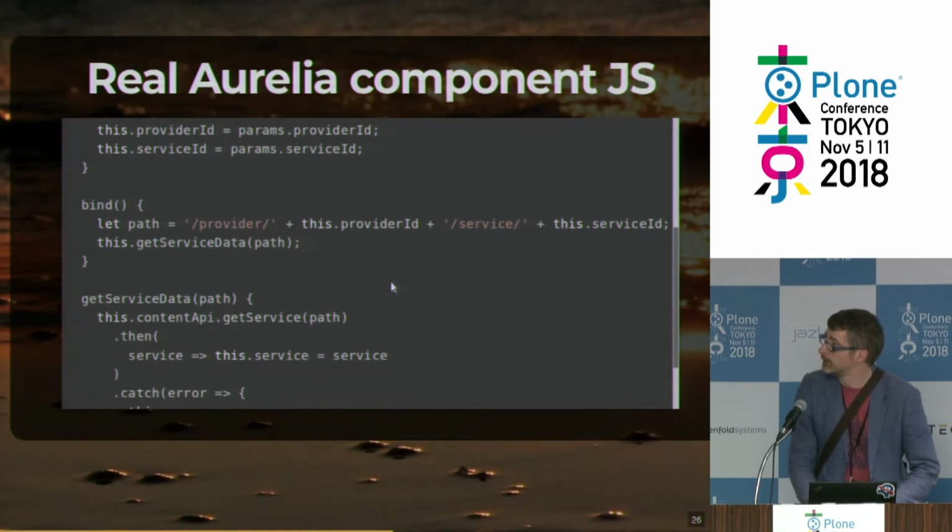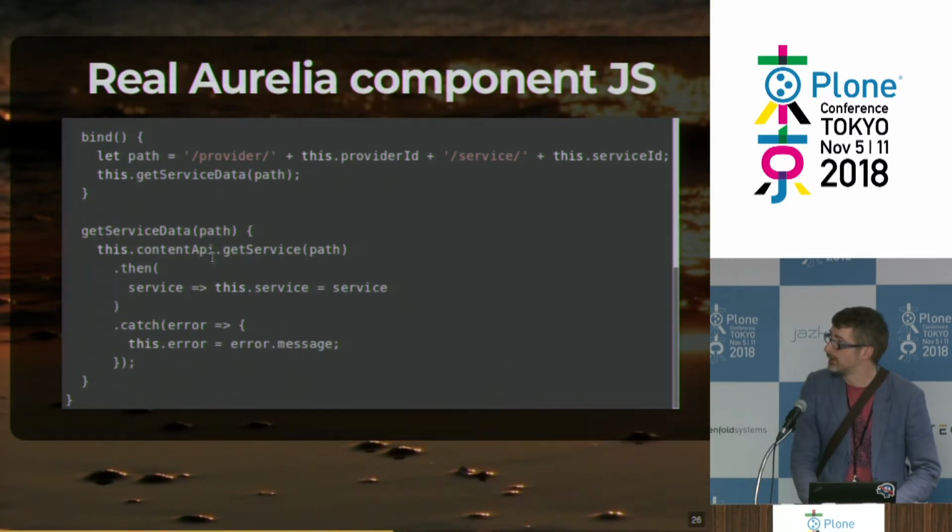So what we are doing here is defining a path where we want to get data from, and then we call the function get service data, and this is using our content API, just calling the get service with the path.